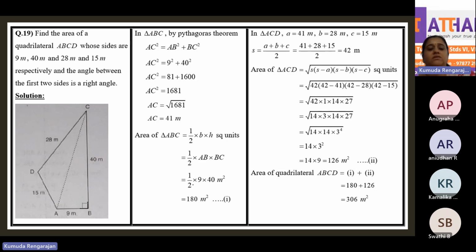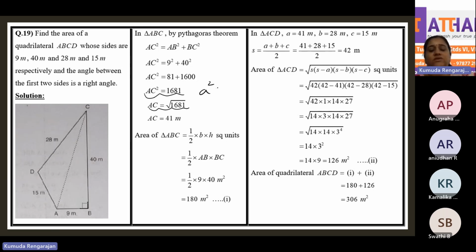Here at this point, I'm not getting your name. So 2 ones are 20, 20 times 9 is 180. That's all. No square root here. Square root is only needed when you have AC square equal to 1681, so AC is equal to square root of 1681.